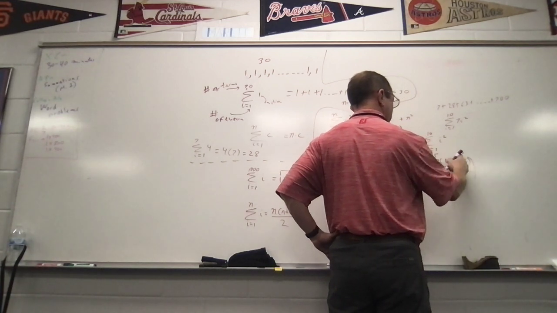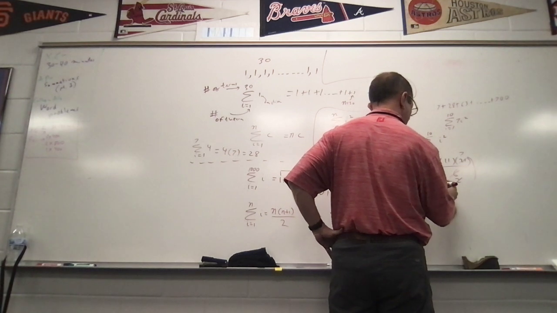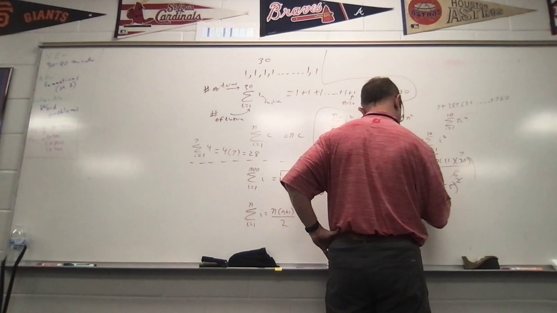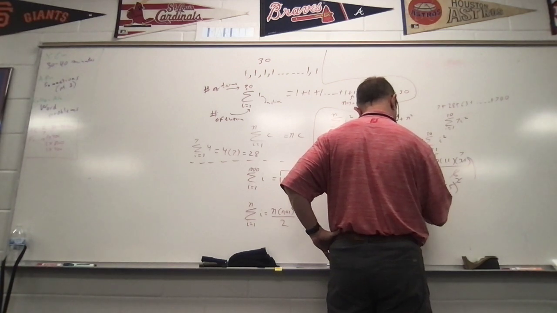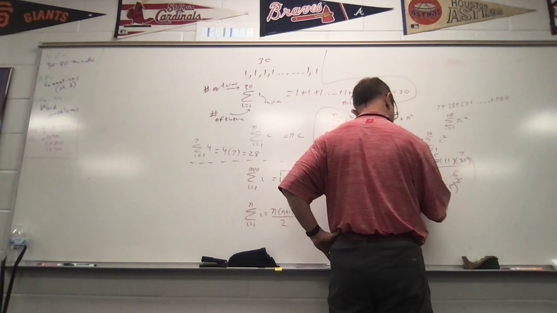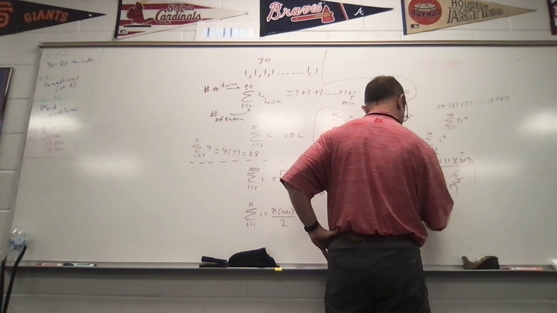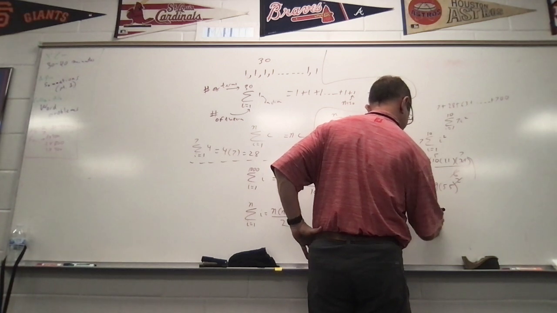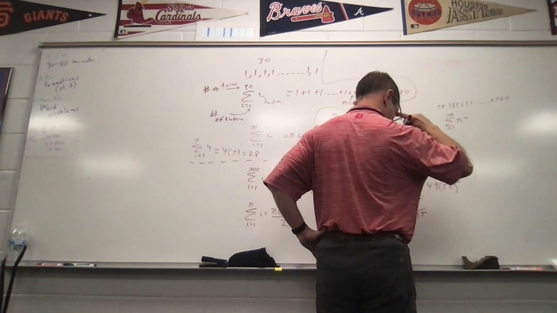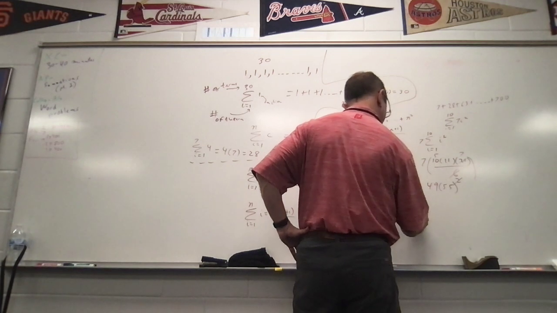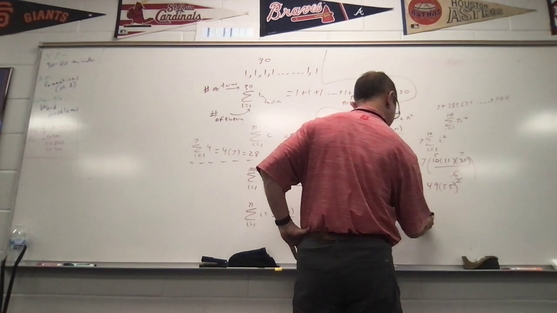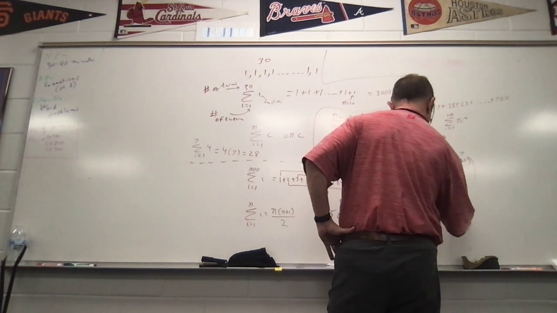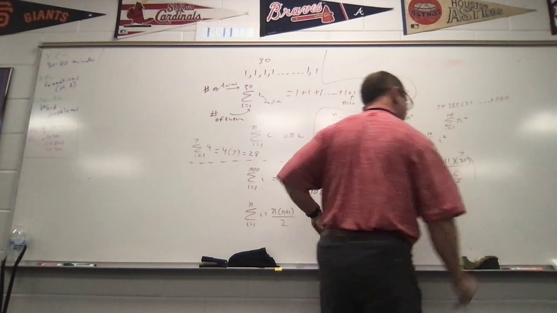So we've got 7 and 7 is 49 times 55. So we get the sum of these terms to be 2695.